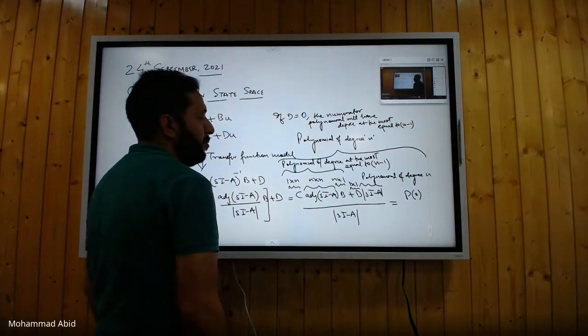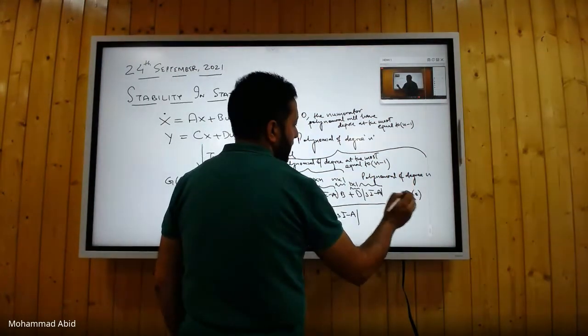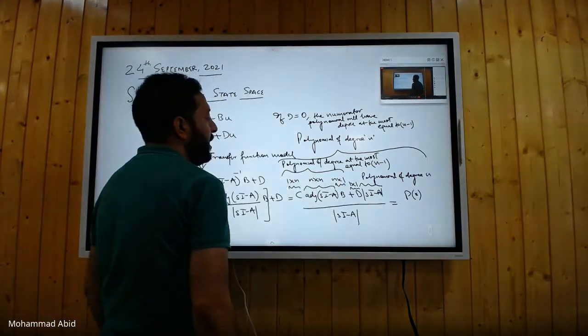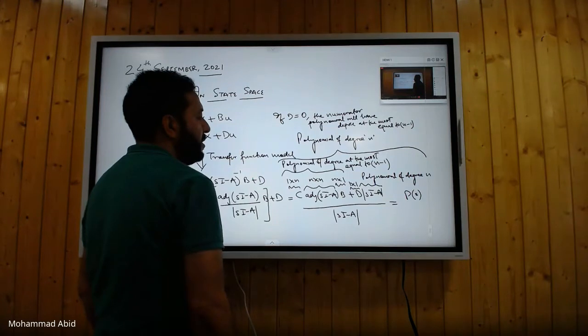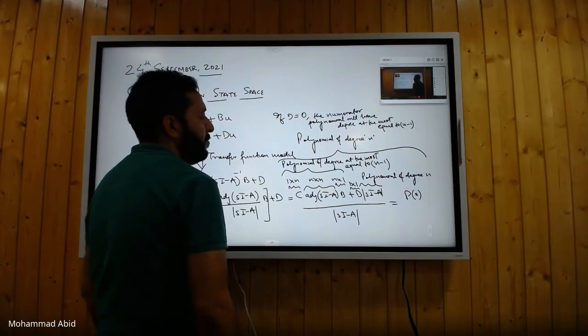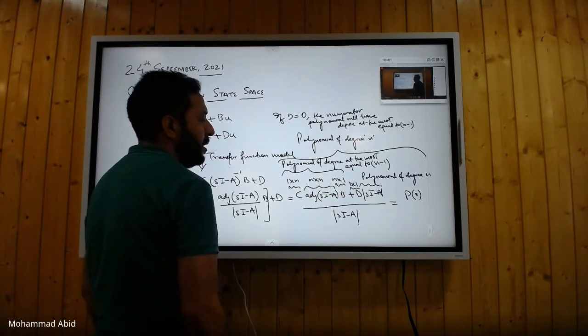It has degree n in case D is non-zero, and in case D is 0, it has degree at the most equal to n minus 1. But in no case will it have a degree greater than n, isn't it?